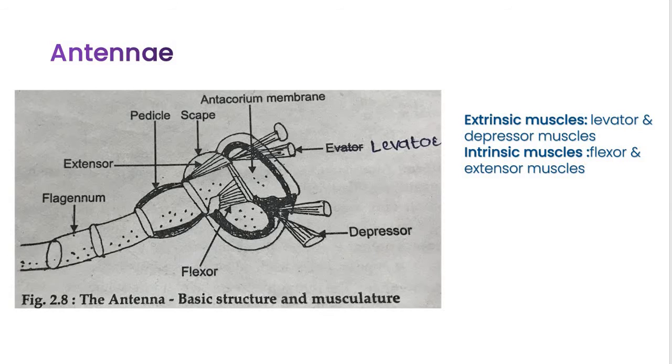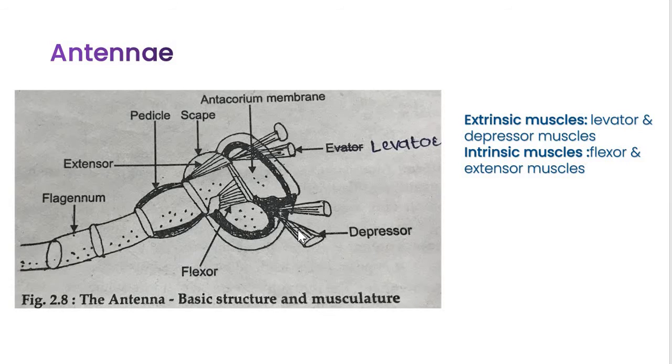In insects, each antenna is innervated by four muscles, two extrinsic and two intrinsic. The extrinsic muscles include the levator and depressor muscles.